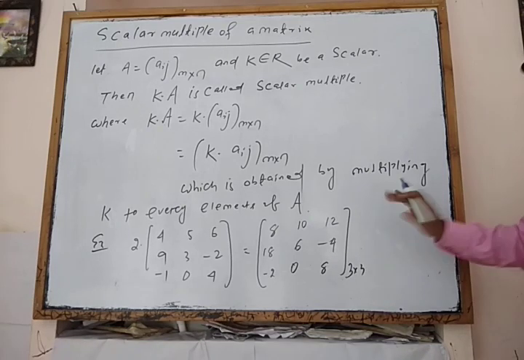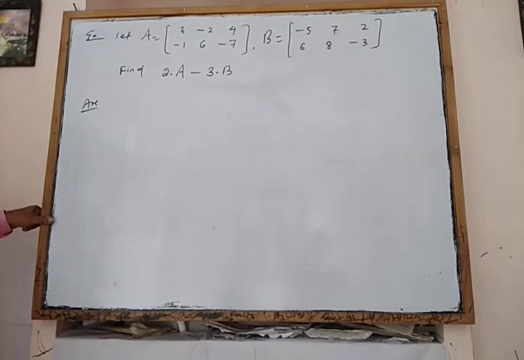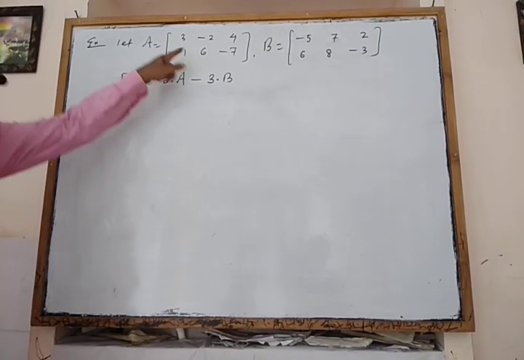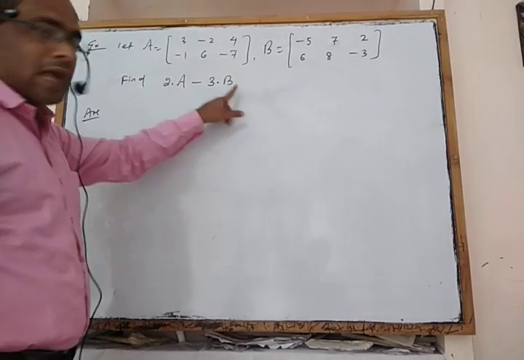To take one example, let A be this matrix and B be this matrix. Then find 2A minus 3B.